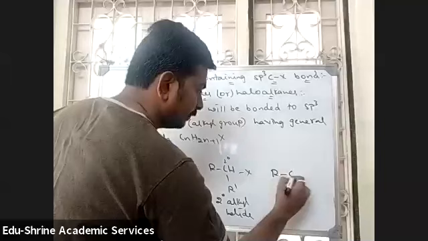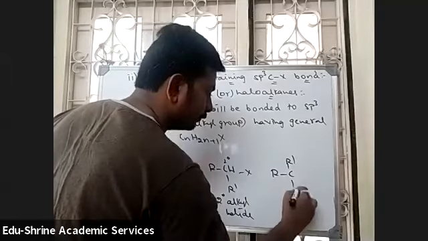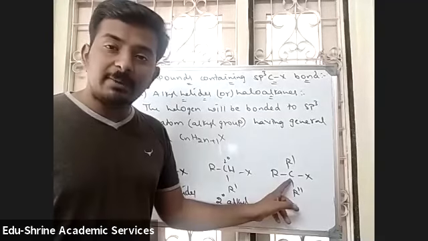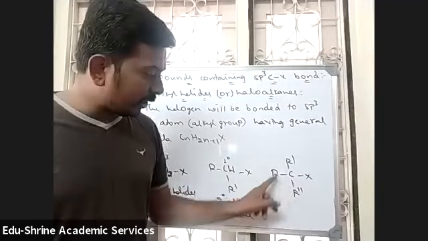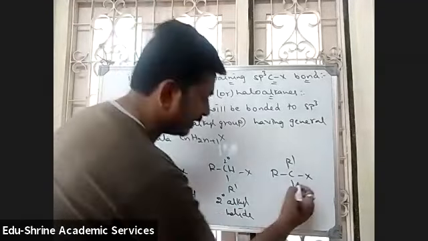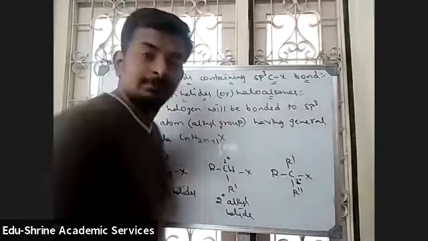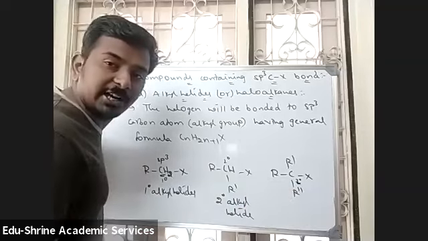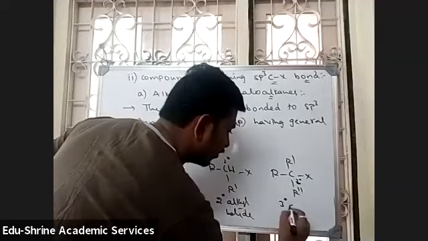For example, take this one. What is the degree of this carbon atom? Tertiary, because it is bonded to three other carbon atoms. As the halogen is bonded to a tertiary carbon atom, it is called a tertiary alkyl halide.